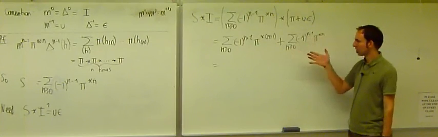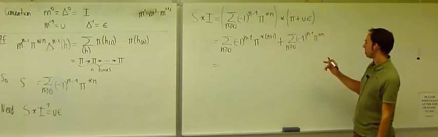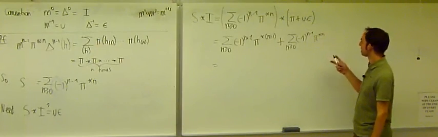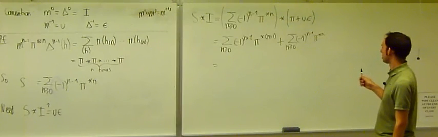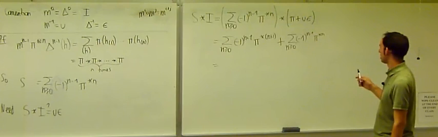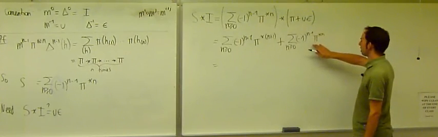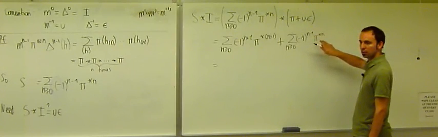And so everything cancels except for which term? It seems that the only term that does not cancel is pi star 0.